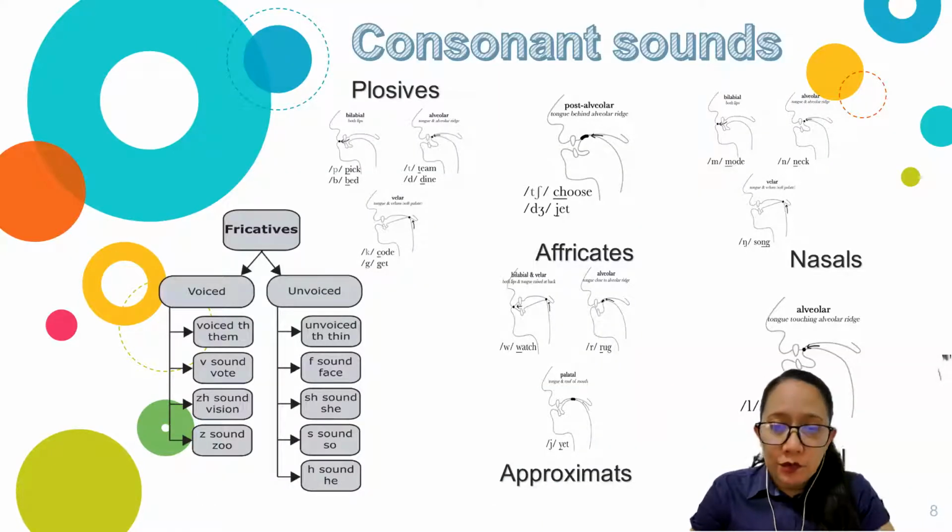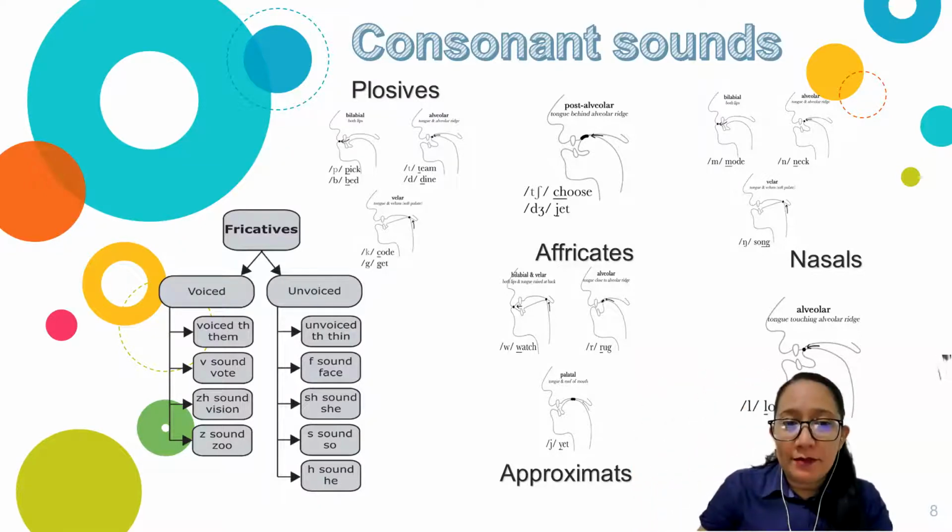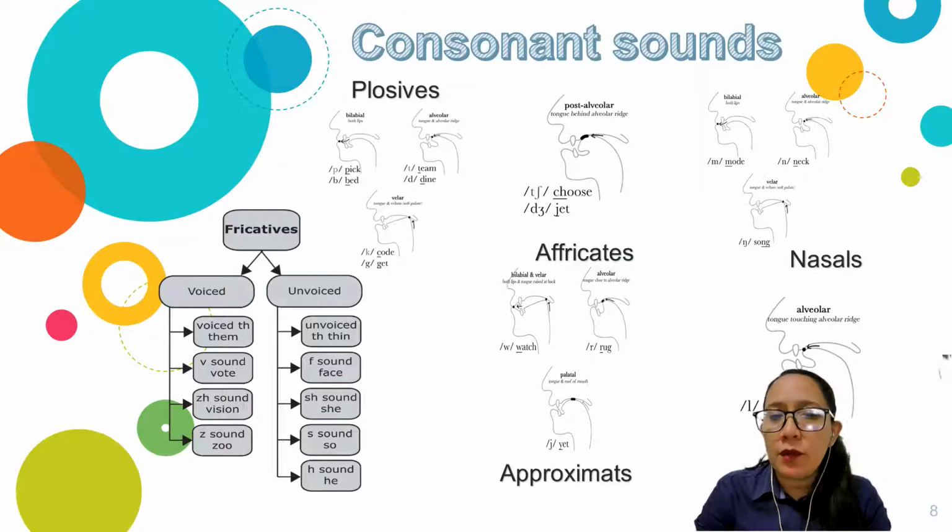We also had the opportunity to talk about the consonant sounds and find out how many different sounds we can make with our mouth. We found plosives, affricates, nasals, approximants, lateral, and fricatives, and the different words and phrases that we can make with these sounds.